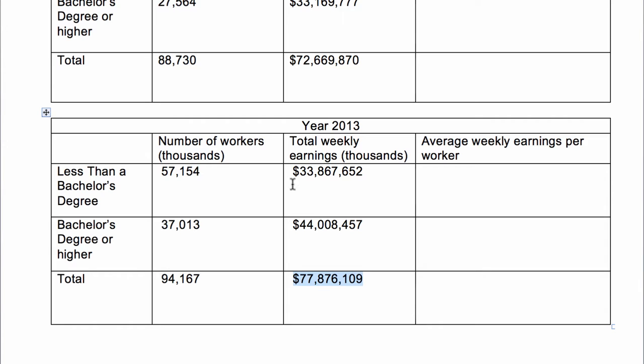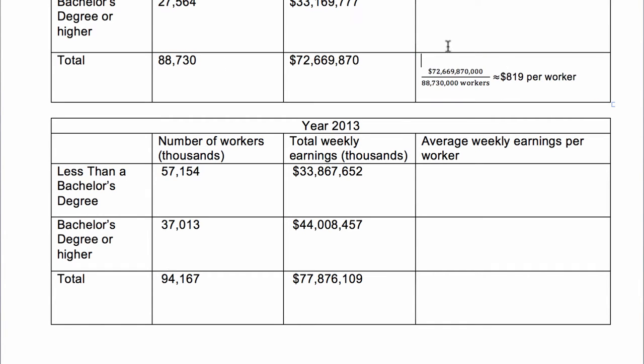However, the number of workers during that time period also increased. To really determine whether wages increased, we need to consider whether the average workers' wages increased. To get the average workers' wages in 2000, let's take the total weekly earnings and divide by the total number of workers.